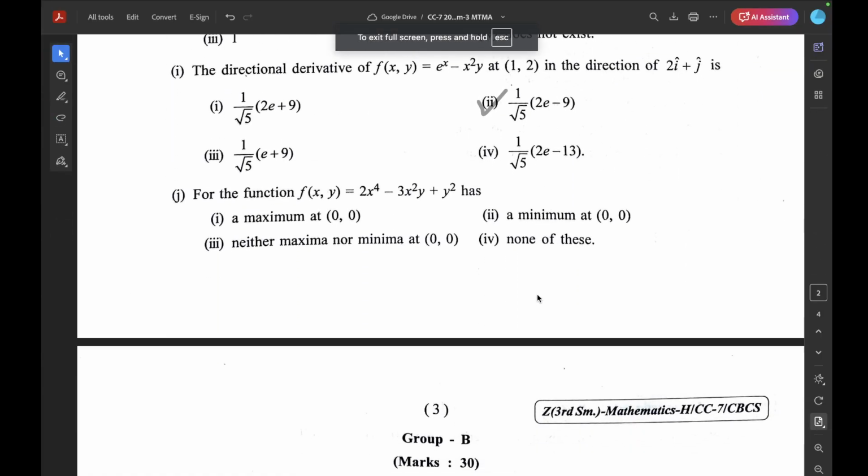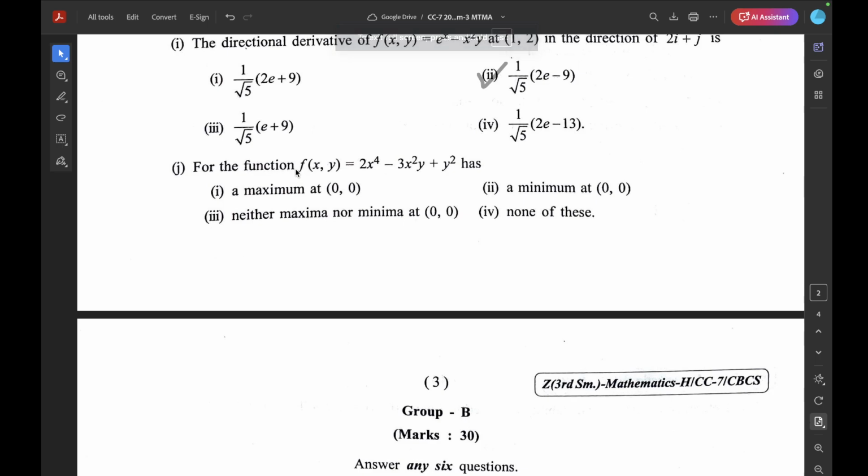Next question J. The function f(x,y) equals 2x to the power 4 minus 3x squared y plus y squared has a maximum at (0,0), a minimum at (0,0), neither maxima nor minima at (0,0), or none of these.